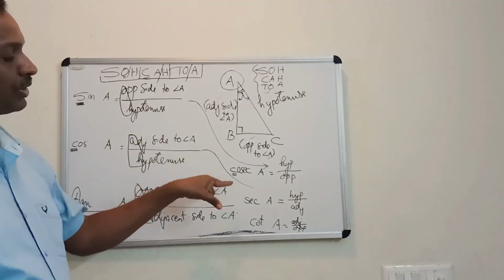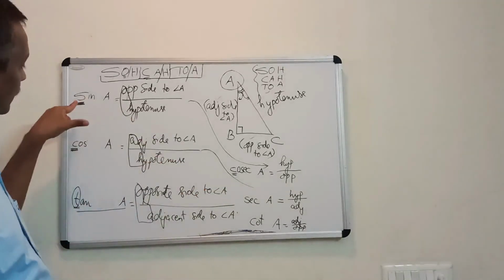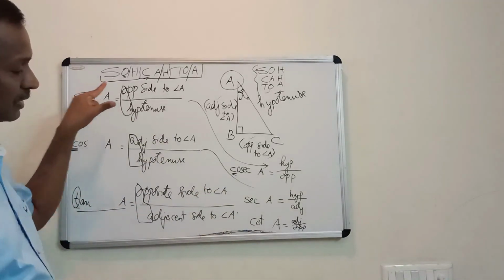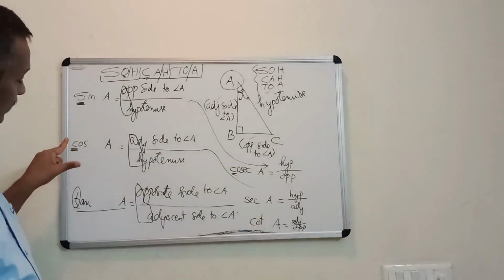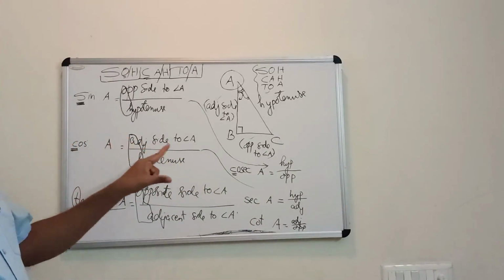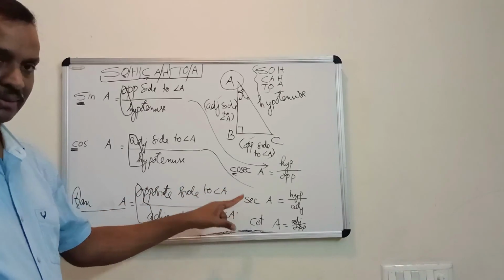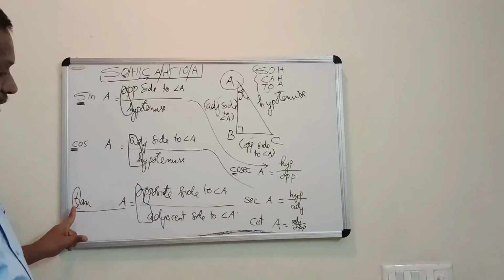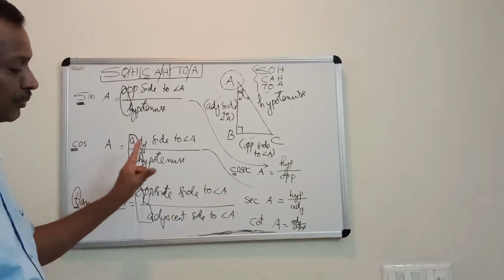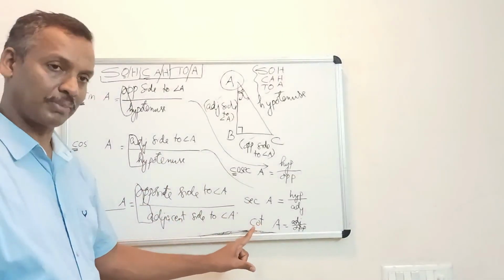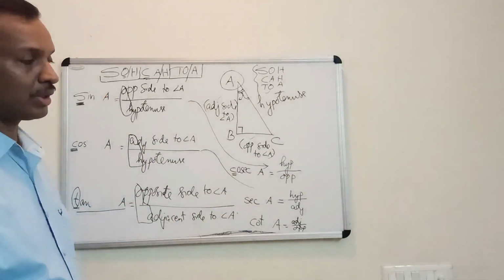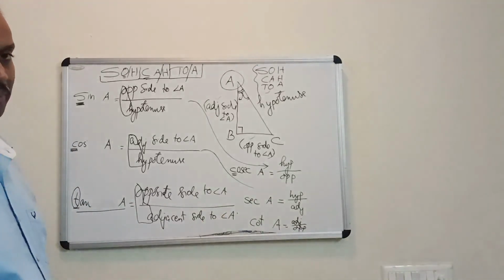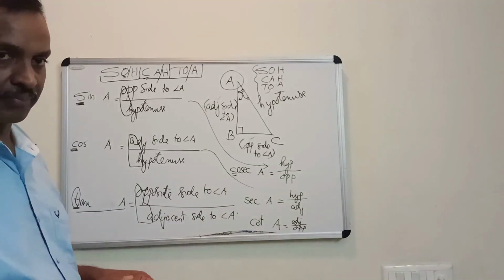The first one is starting with the letter S. Its reciprocal is starting with the letter C. The second one is starting with the letter C. Its reciprocal is starting with the letter S. The one having T is tan. Its reciprocal is also having a T, but not T in the beginning, at the end of it. That is cot. So this will help you to remember all this.